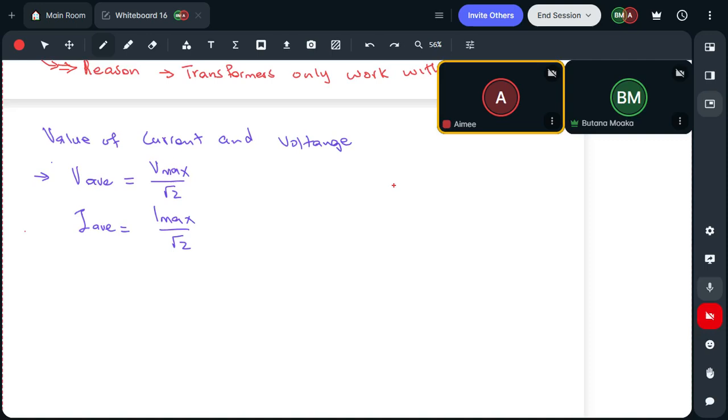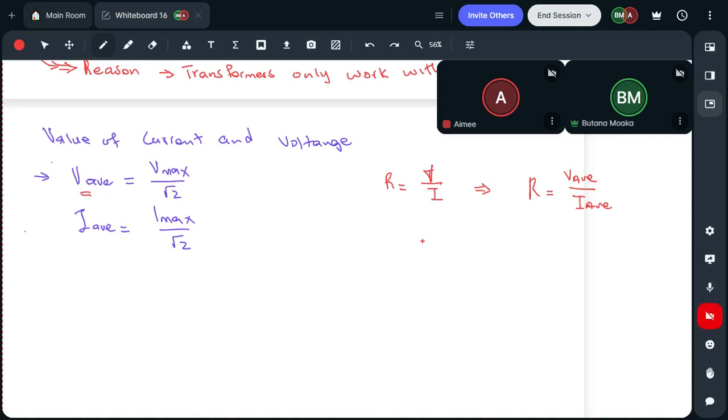So in alternating circuits, remember Ohm's law says R is equal to V over I. When we work within electrodynamics, we can write it like this: R is equal to the V average, the one that you calculated, divided by the I average. We'll confirm if it's average.